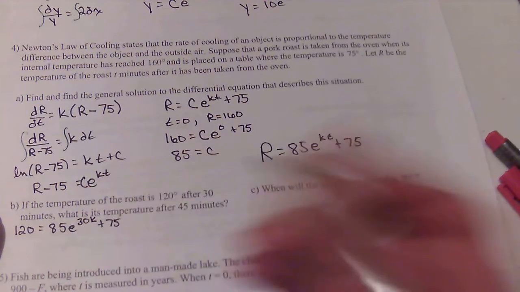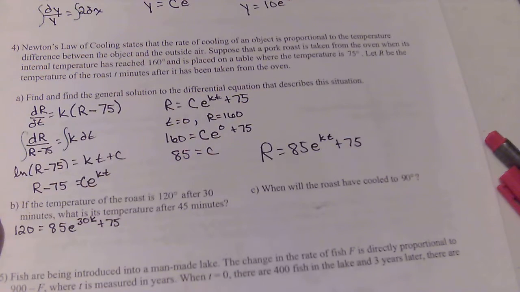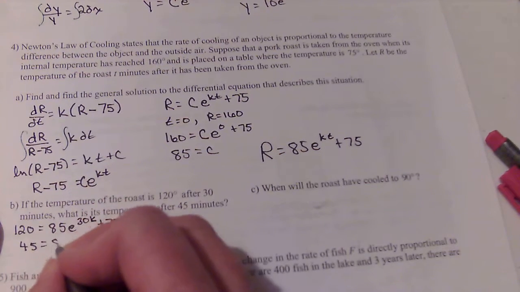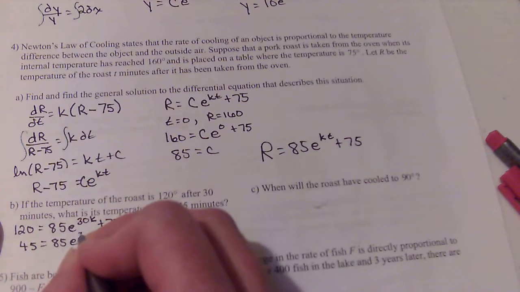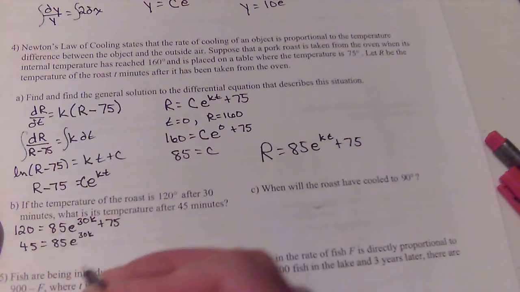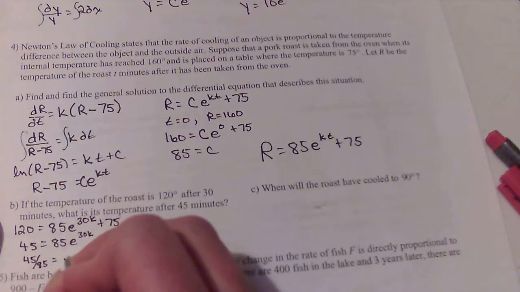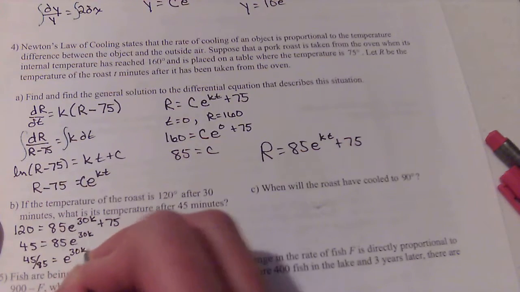We're going to be able to find k now. 120 minus 75 is 45 equals 85 e to the 30k. 45 over 85 equals e to the 30k.